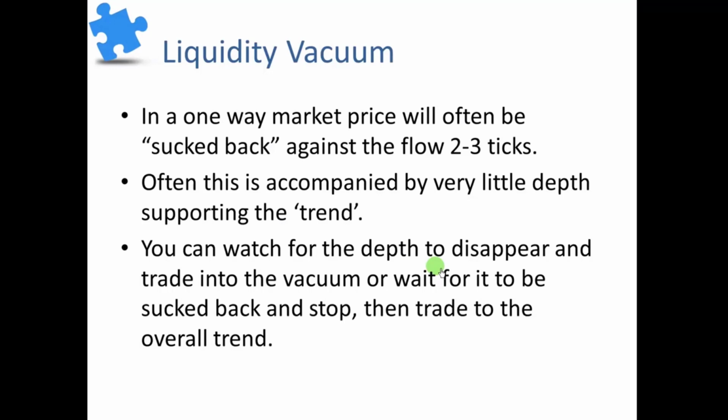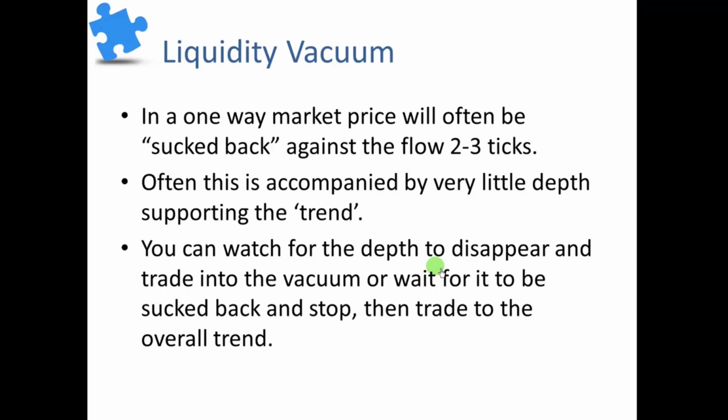Now, of course, that's going to be dependent on how thick and therefore how volatile the market is on that day. So when the ES is thinner and it's putting in 11 tick pullbacks on the way down, then you're going to need to look at 11 ticks on the way back up. So with these trades, with a liquidity vacuum, it's not so much about what you see as what you don't see.